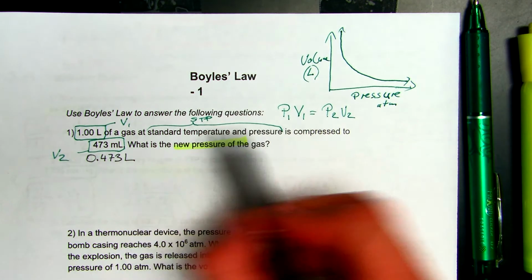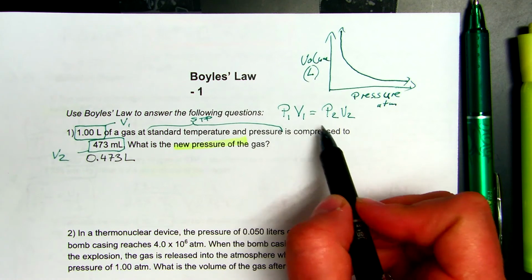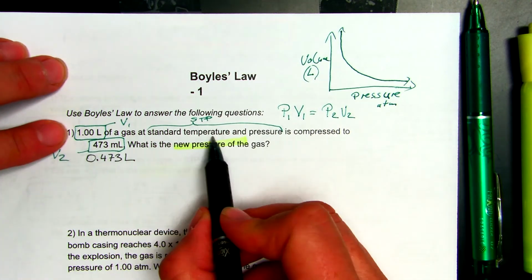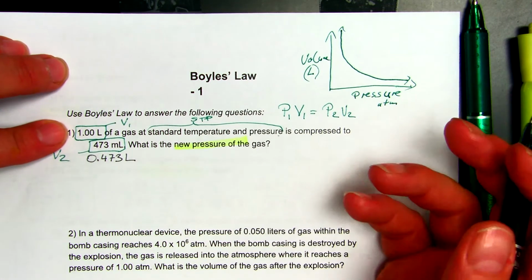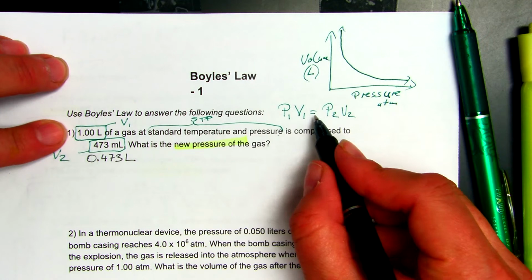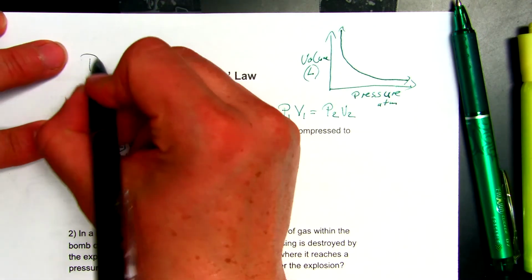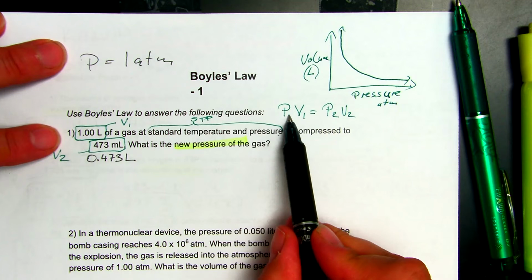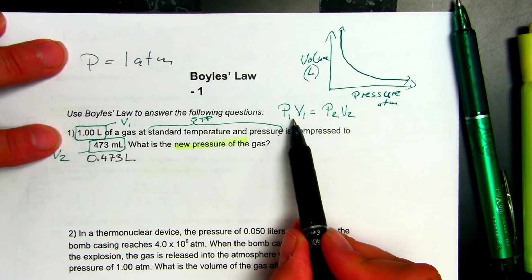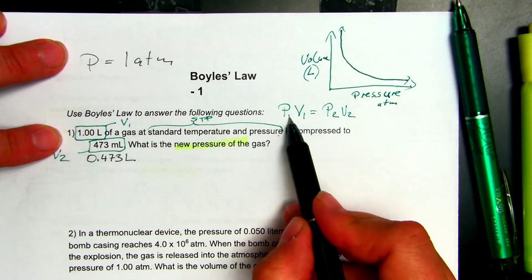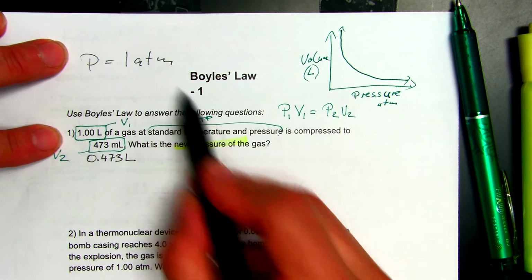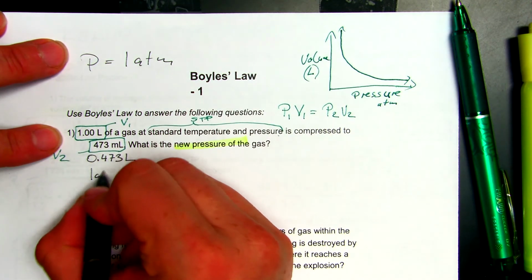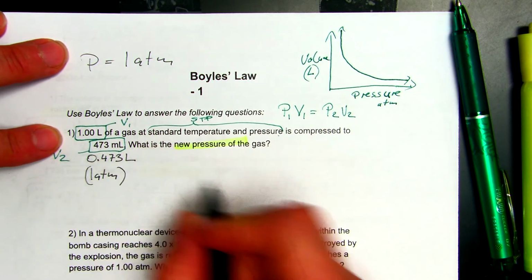Okay. So P1 times V1. I have standard temperature and pressure. If you're keeping an atmospheric pressure, the pressure is 1 atmosphere. So I set it up. My P1 standard pressure is 1 atm. That's my first pressure.